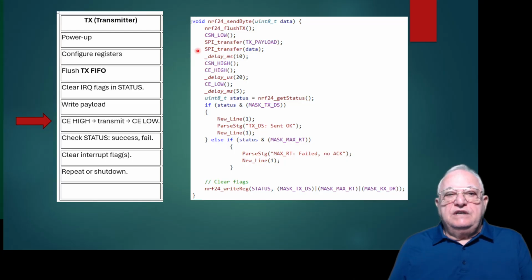And then we say, hey, this is the data we want to load. And then we wait 10 milliseconds, and then we deselect the radio. By doing this, what we've accomplished is that the data will be transmitted. So this first section, what we do is we are going to transmit the data.